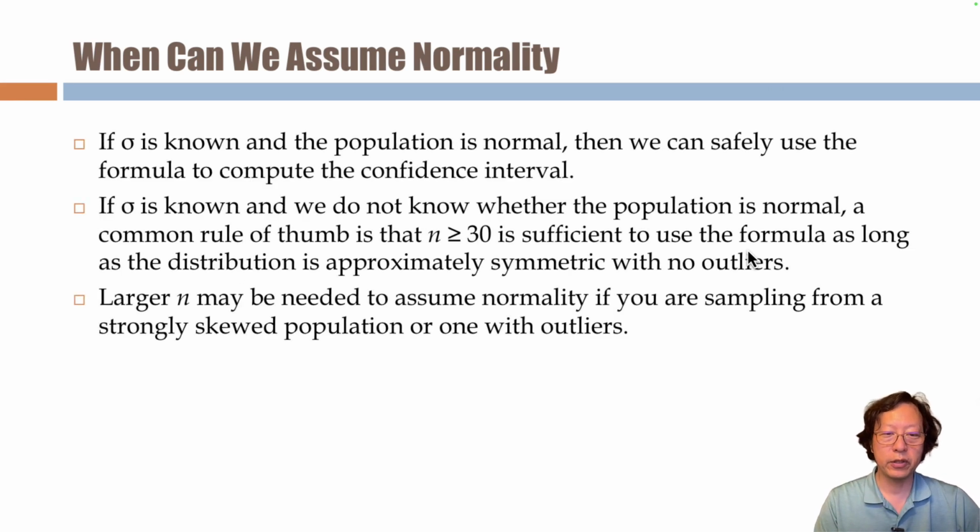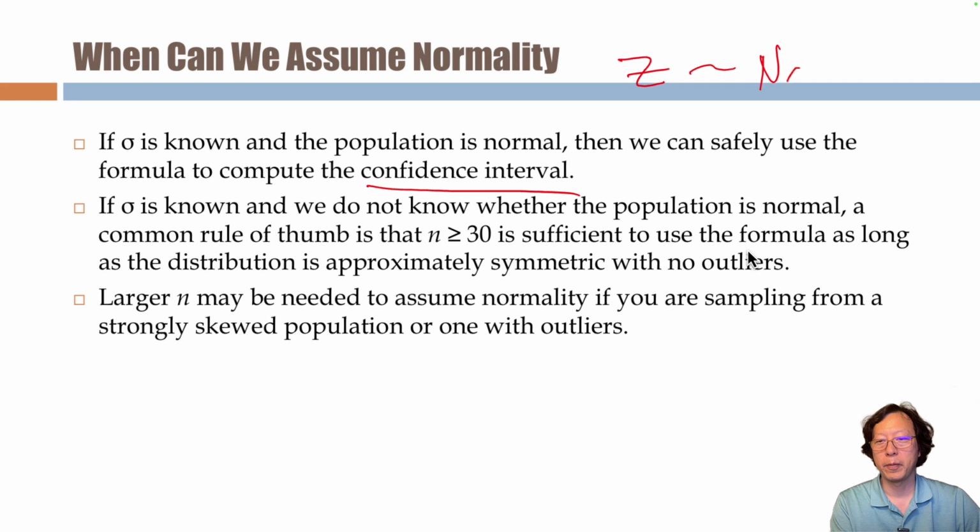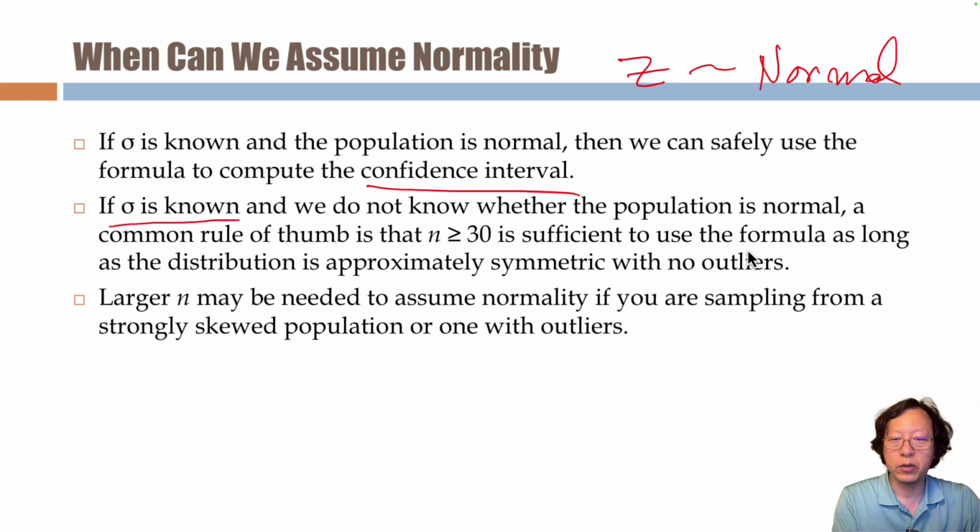Okay, if the sigma is known, the population standard deviation is known, and the population is normal, then we can use the formula and easily find the confidence interval. Actually, the z value is for the normal. And if the standard deviation is known, but we don't know whether the population is normal or not: if the population is normal, any n will be fine.